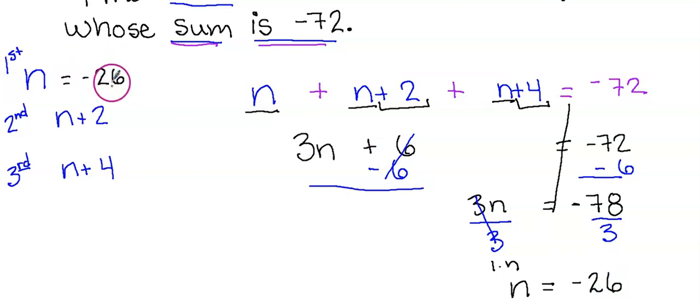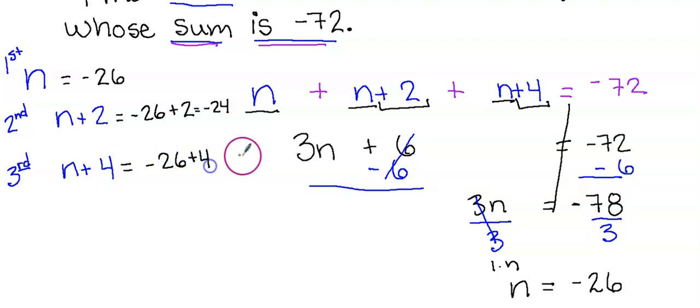Now I need to use this n to find my n plus 2 and my n plus 4. Negative 26 plus 2. My signs are different, so I actually subtract them, and I get negative 24. Find my third number, negative 26 plus 4.